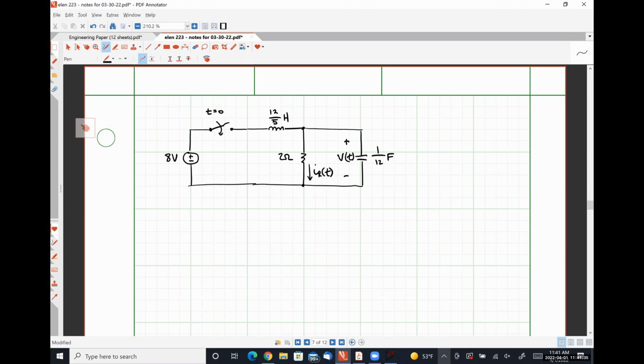But in this case, with the resistor directly in parallel with our capacitor, if we know what the capacitor voltage is, the resistor current is just the capacitor voltage divided by the resistor value. If we wanted to know what the resistor voltage was, it's literally the same thing as the capacitor voltage, right? So we can get the resistor voltage and current always by looking at some combination of the capacitor voltage or the inductor current, but we can never calculate it directly using this method, okay?